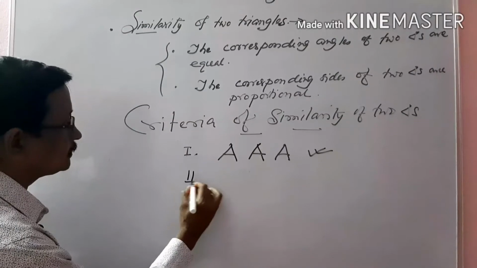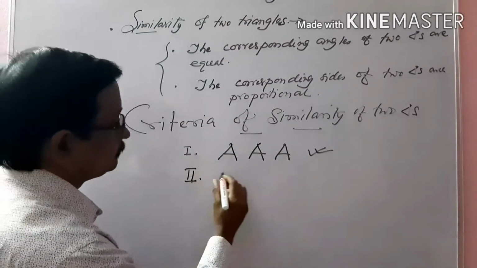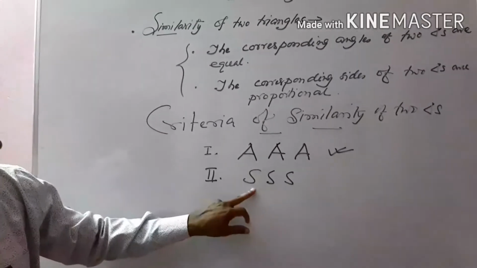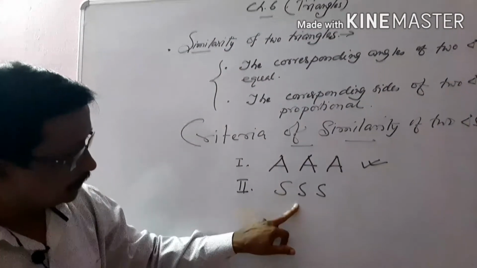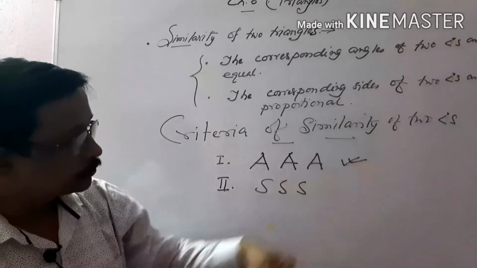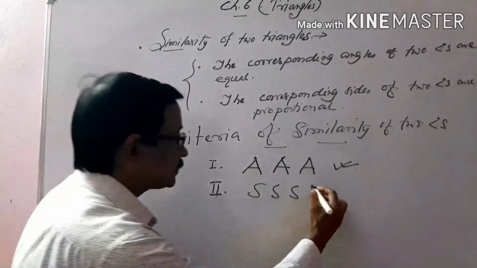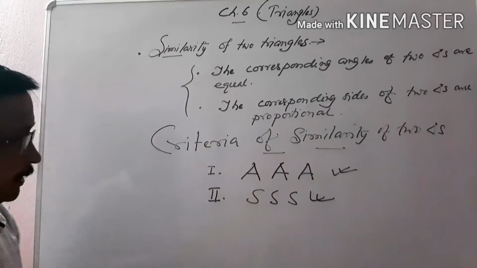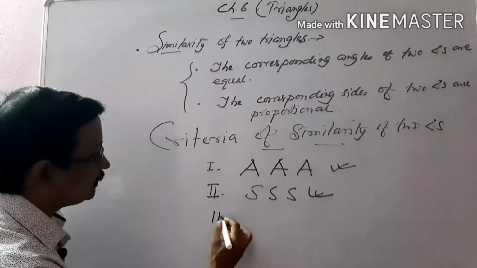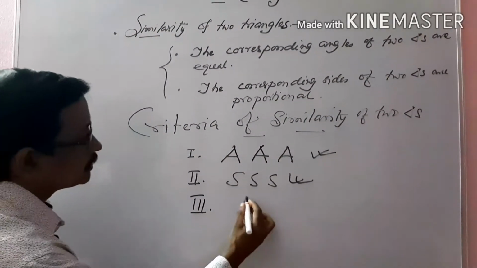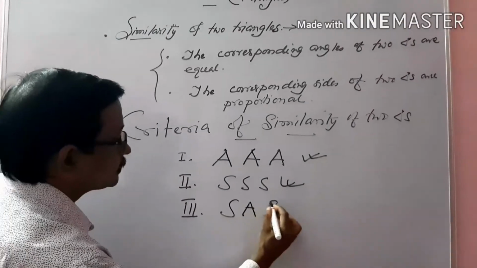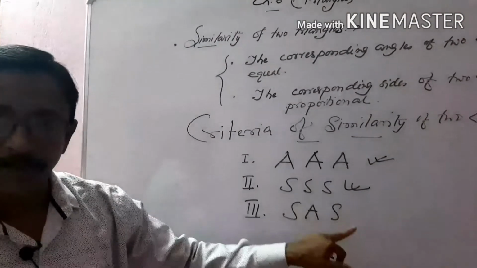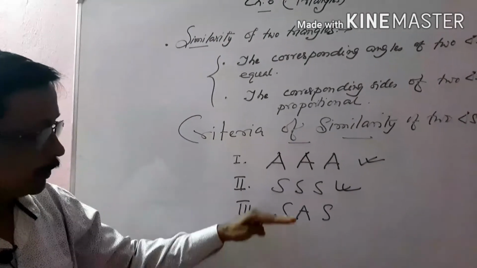The second is side, side, side: two triangles having sides proportionally equal. If this condition is satisfied, then also the two triangles are similar. And the third criterion is side, angle, side. With this criterion also two triangles are similar. Then I will explain one by one.